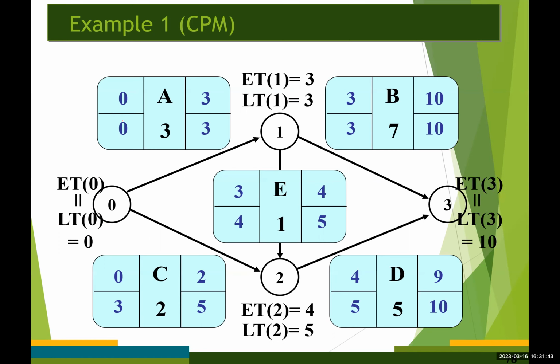Earlier, we learned that any activity with a total float of 0 is a critical activity. The path from the start node to the finish node that consists entirely of critical activities is called a critical path. So how do you compute the total float?